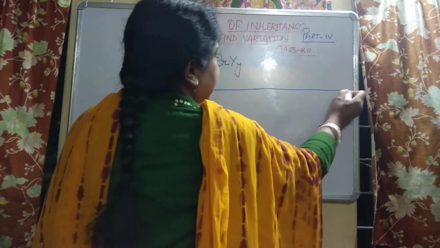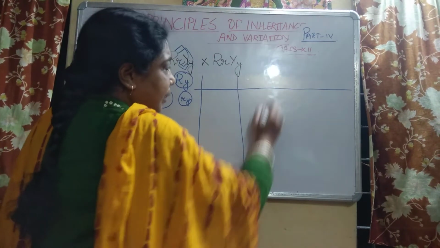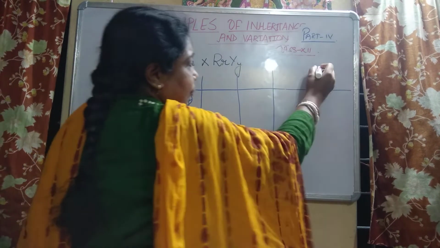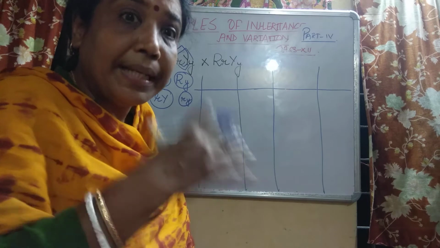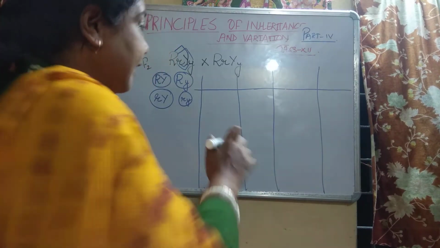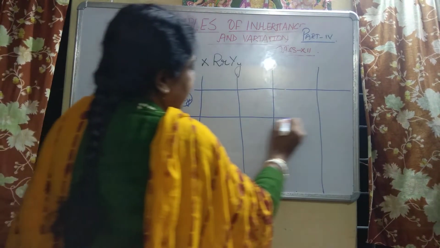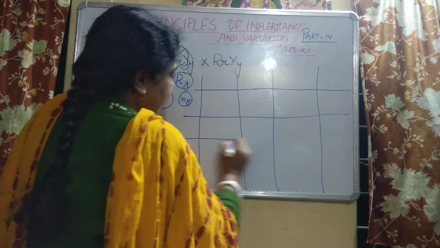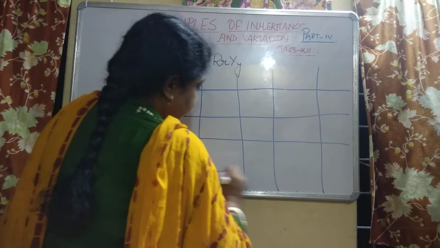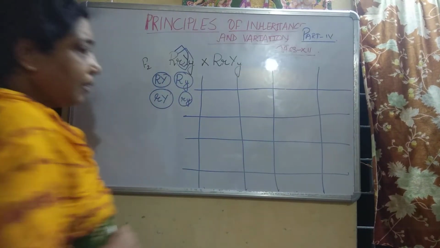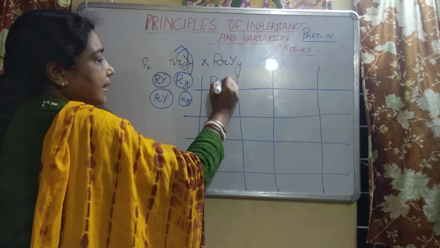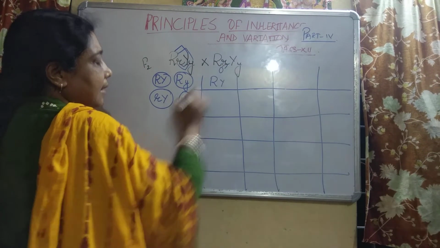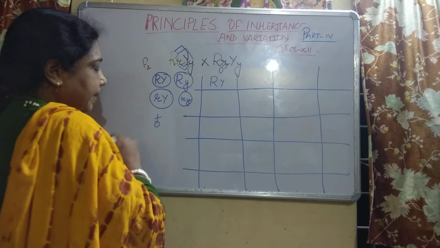How many types of gametes are there, children? 4 different types of gametes. So the other parent would also have 4 different types of gametes. First you write this over here, this is for one of the parents. This is for the other parent.